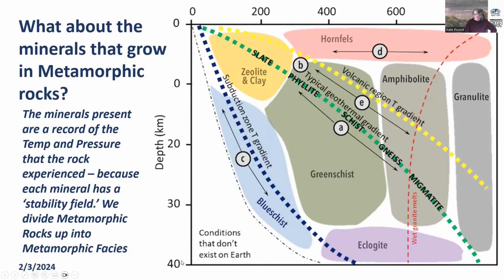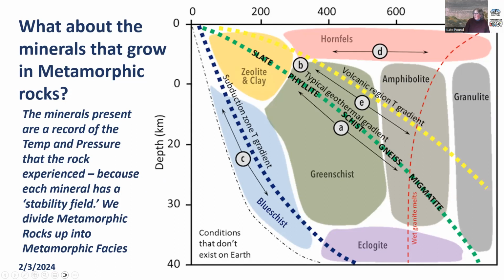Often on a diagram of metamorphic facies, there will be pressure shown over on the right-hand side. I went with just looking at depth. Now, on the x-axis, going from left towards right, we have the temperature in degrees Celsius. So it's increasing, going from the left to the right.